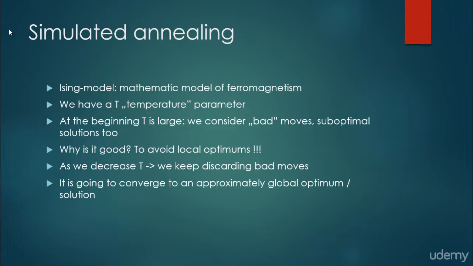I think it's pretty counterintuitive because we are trying to get the optimal solution. Why would we take into consideration bad moves? Because it helps us to avoid local optimums. So we decrease T as the temperature parameter and we keep discarding bad moves. And it is going to converge to an approximately global optimum or global solution.